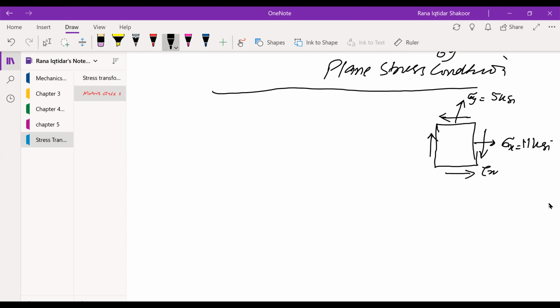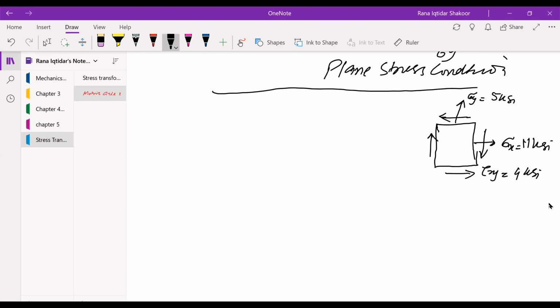Tau xy is basically 4 ksi, right? Fine. So now we have to draw the Mohr's circle for this sort of condition. So you have normal stresses of 11 ksi in the x direction, 5 ksi in the y direction, and tau xy equal to 4 ksi in the direction, right?